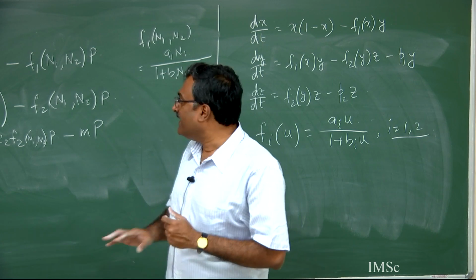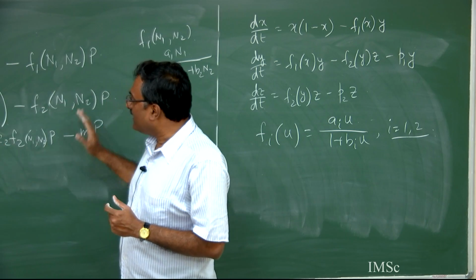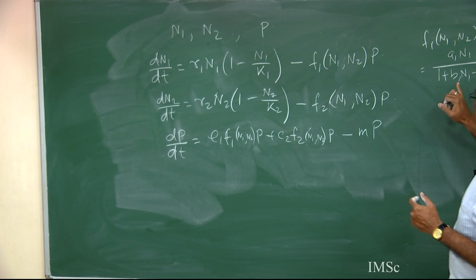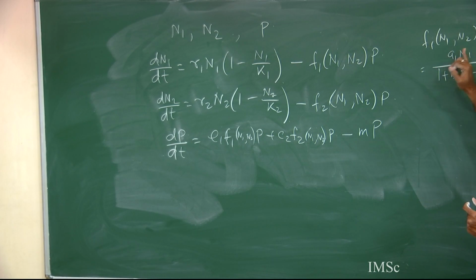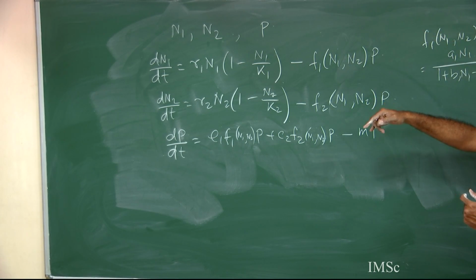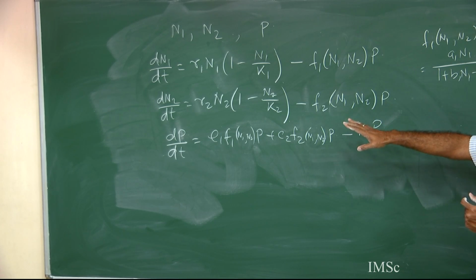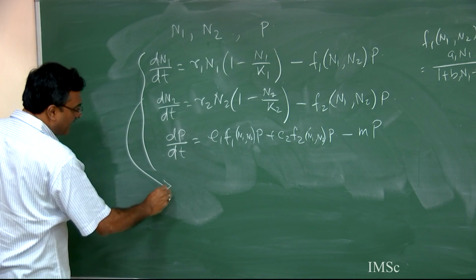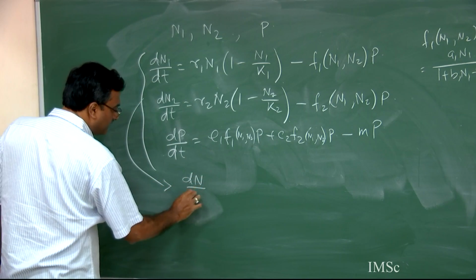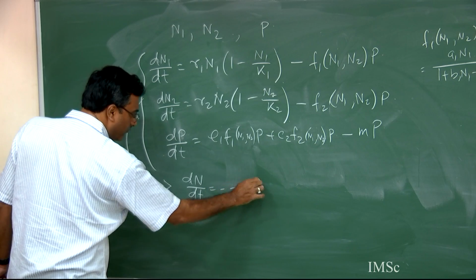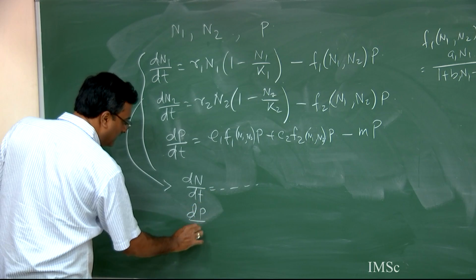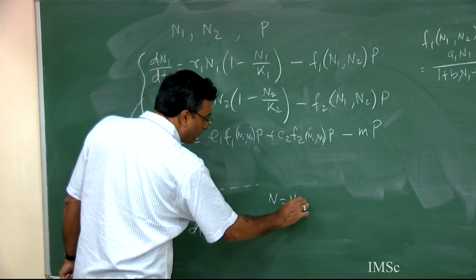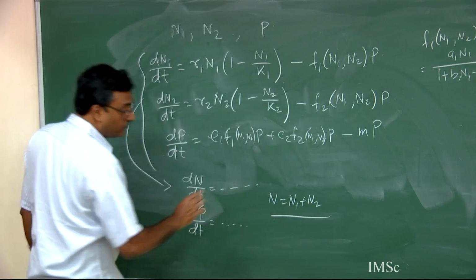So mathematically we need to write this model in such a format that when you consider B1 equal to B2, A1 equal to A2, R1 equal to R2 and K1 equal to K2, the entire model will be converted to a single model of the form dN/dt equal to one equation and dP/dt equal to another equation, where N equals N1 plus N2.